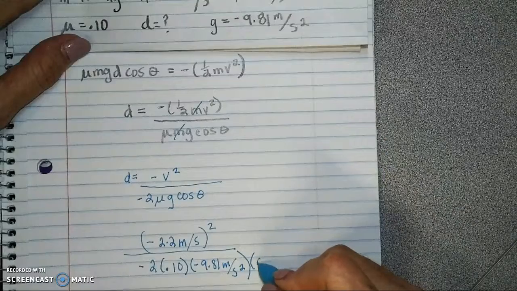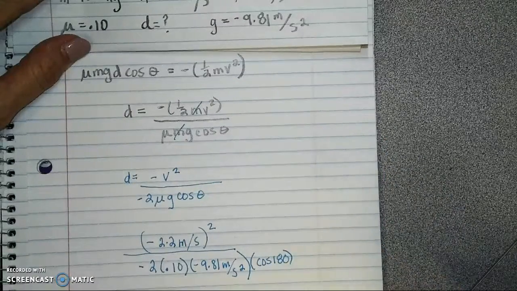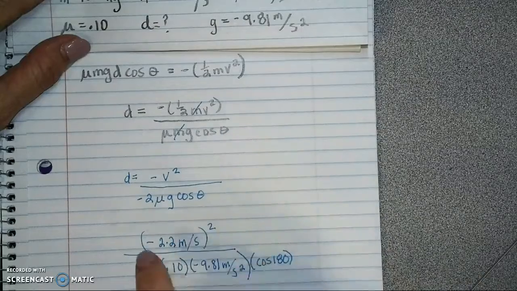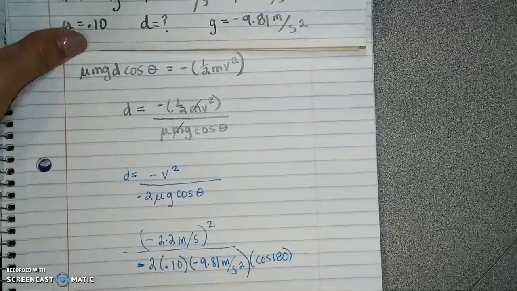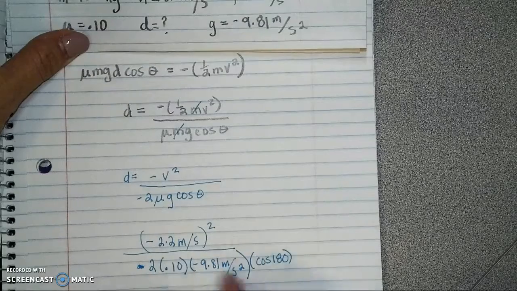Oh no, I'm sorry. That negative sign does not need to be here. We kept it up on top, I forgot. What ends up happening is that cosine of 180 is negative 1. So this bottom number will be negative.